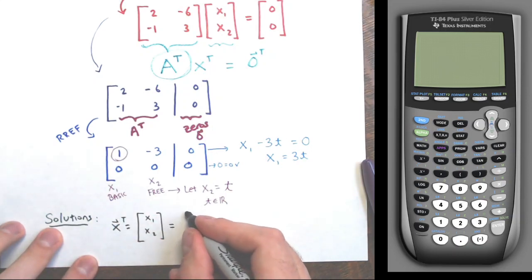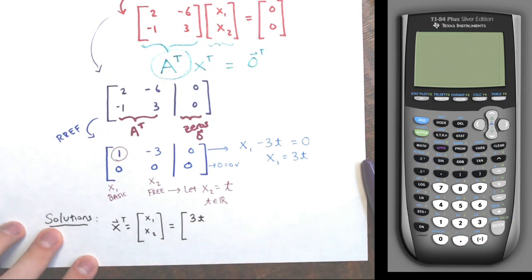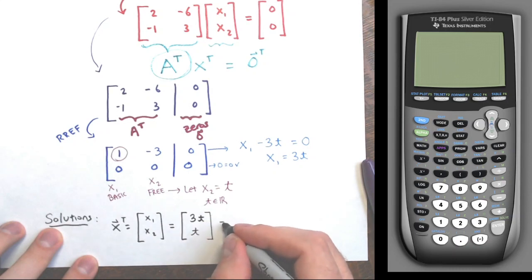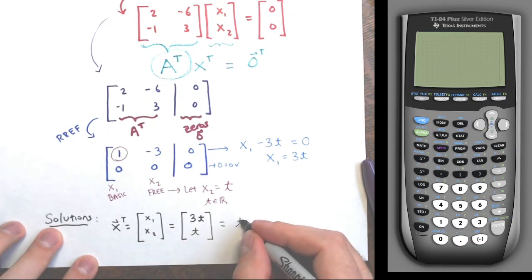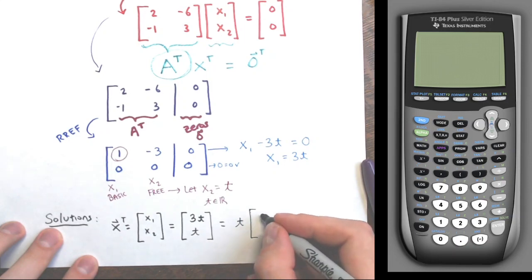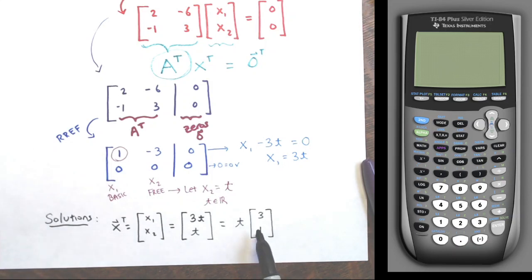And x1 is 3 times some choice of free variable t, and x2 is the free variable t. Each of these has the free variable t in common, so I pull that out: t times the vector 3, 1. So here's a description of all the solutions to that equation.